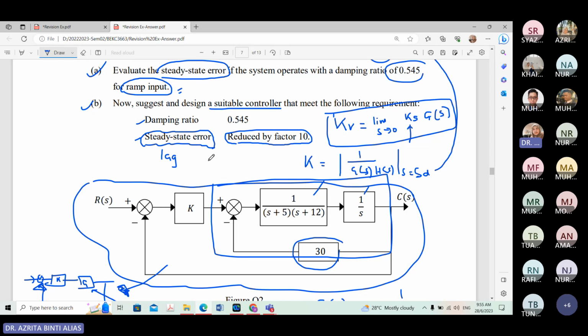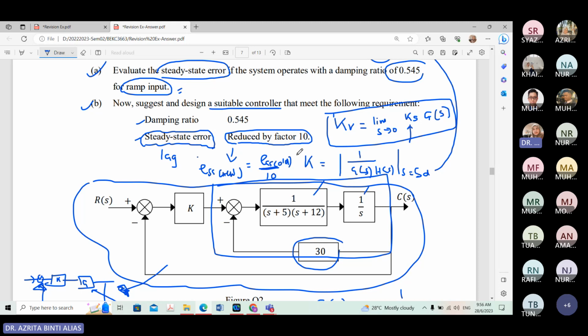Reduce by a factor of 10 means that in the mathematical equation, the ESS new, don't multiply. Reduce, we always divide by 10. So ESS old divided by 10. Please remember, reduce means you need to divide by 10. If you multiply with 10, your error is larger compared to the K gain controller.